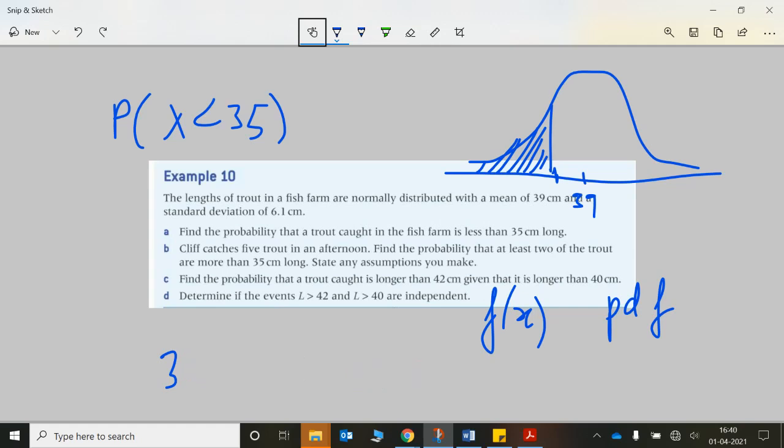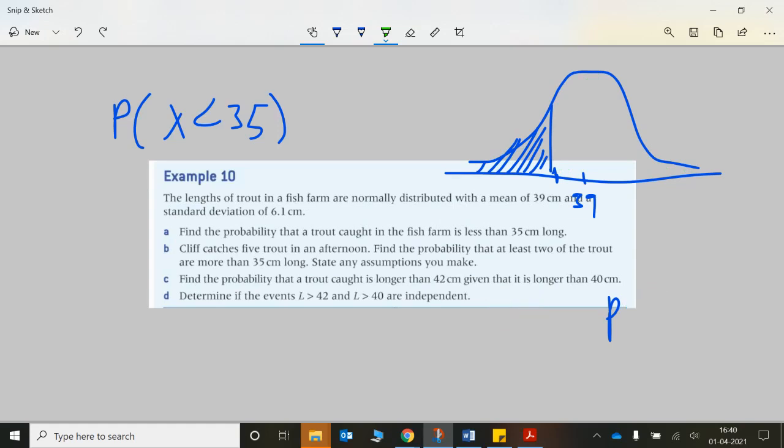So there's no meaning to that height. The only meaning in terms of probability is the trapped area, because the trapped area represents your probability. All of the trapped area is going to sum to 1.